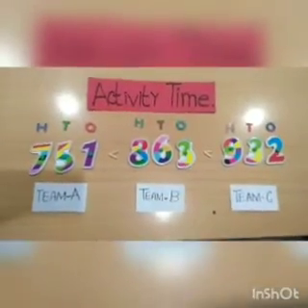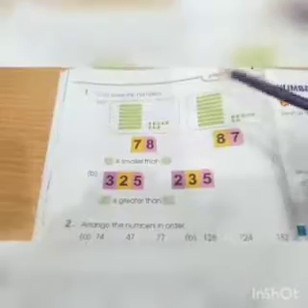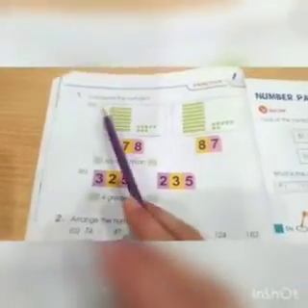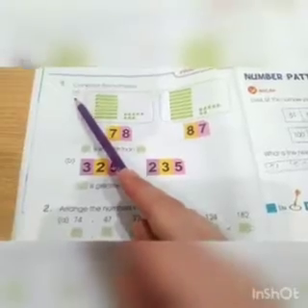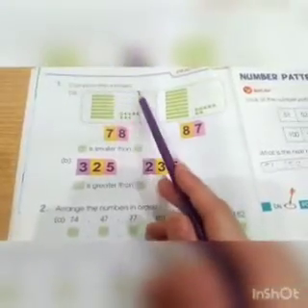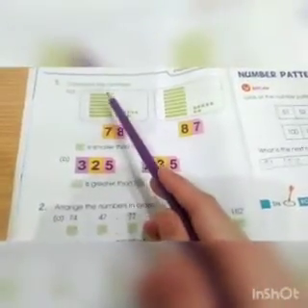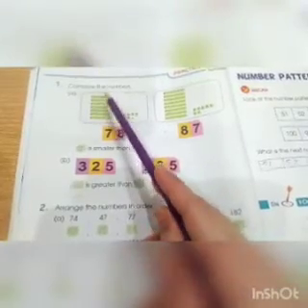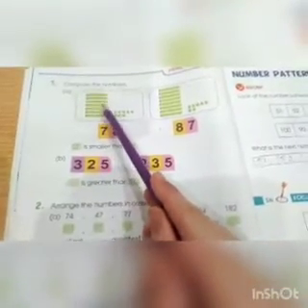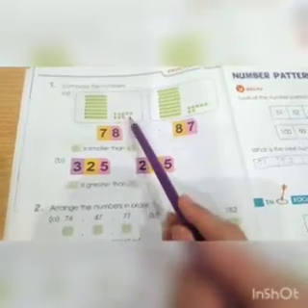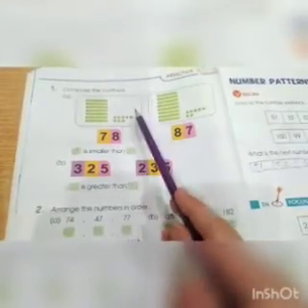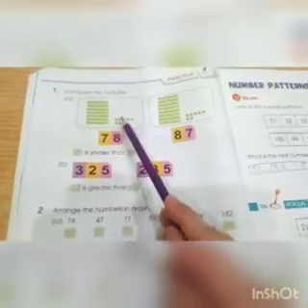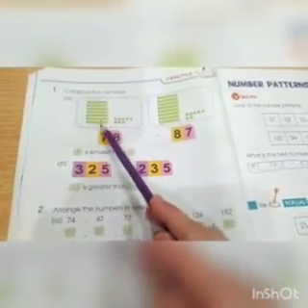On page number 13, practice. Here is a question. Compare the numbers. Part A. In one box there are 7 rows of tens. 7 rows of tens means 70, plus 8 single small boxes. 8 is in the place of ones, 7 is in the place of tens.